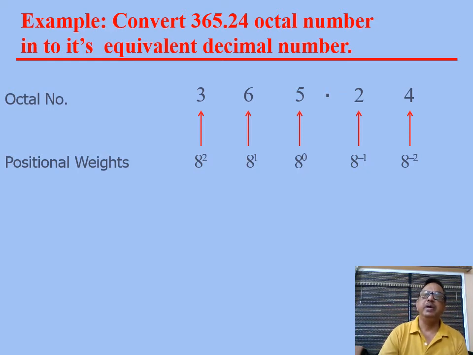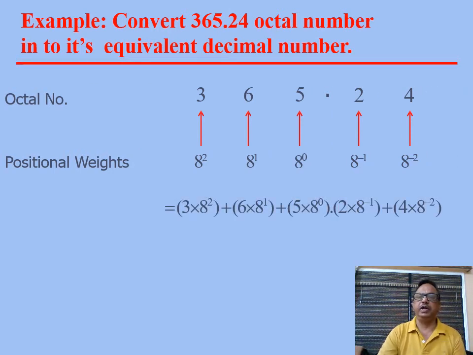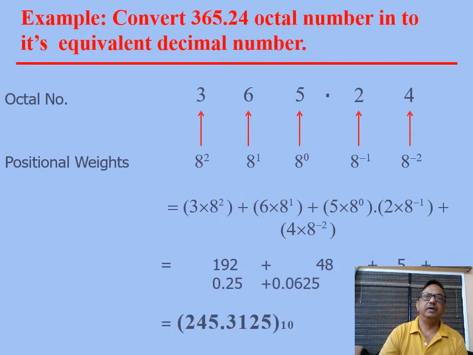Then we multiply each digit with its positional weight and add them. We finally get the result, and we can say that the octal number 365.24 is equivalent to 245.3125 of the decimal number.